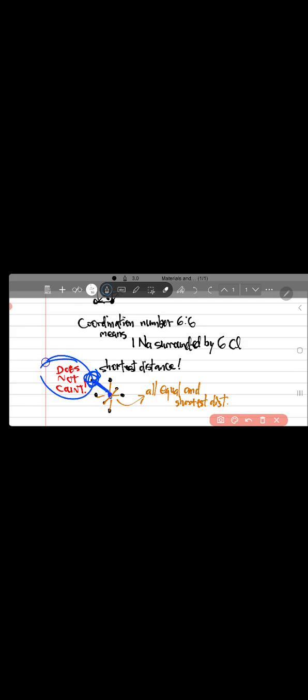So that's why you don't count the ones that are near it but not closest to it. Or just think of an invisible circle surrounding the atom, and everything that touches it is its closest neighbor. You think of it that way.